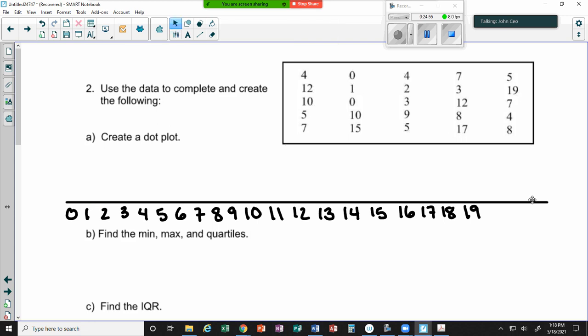Alright. Now we're going to make my dot plot. Remember, a dot plot is like a frequency, it just tells me how many times. Okay, so look at this one, 4. So I put a dot, 4, 0, 4, 7. So go ahead and finish your dot plot off.